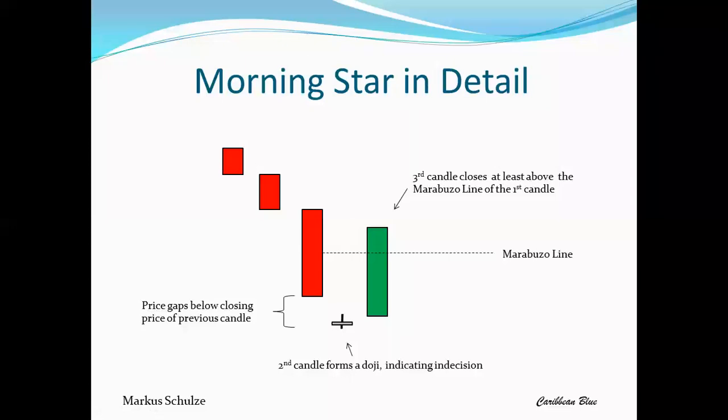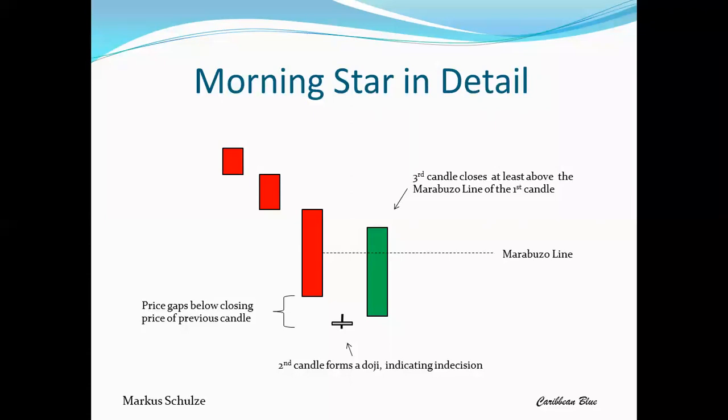The Japanese candlesticks were popularized in the Western market and technical analysis only in the 80s and 90s. They were used previously, before that, of course, in Japan, and they have at times very vague interpretations. The Marabuzo line is a similar vague interpretation.